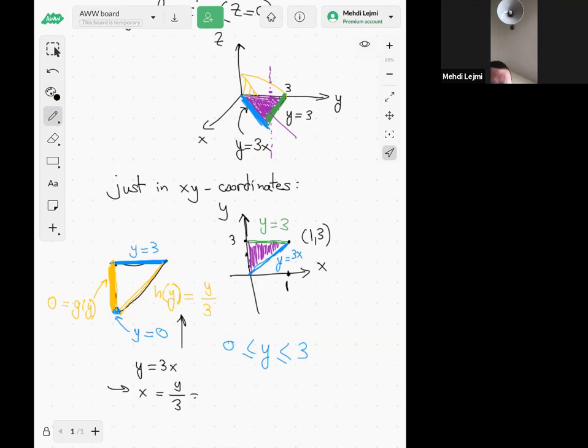Here's my function of y, h of y. Okay, so my x is between 0 and y over 3.